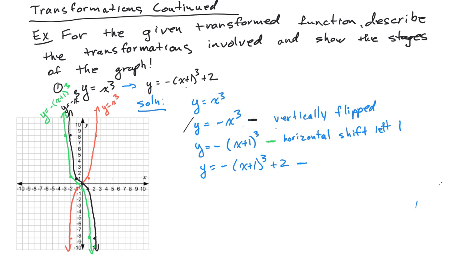Our graph is going to be blue for our final graph. This is not a horizontal shift this time. This one is a vertical shift up 2. So we take each of the points and move them up 2.